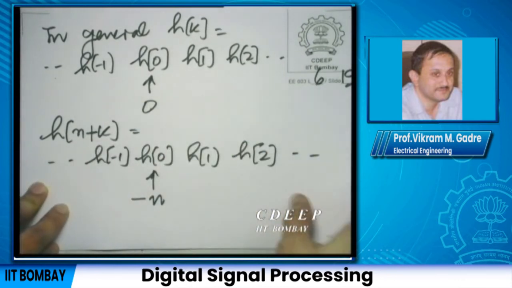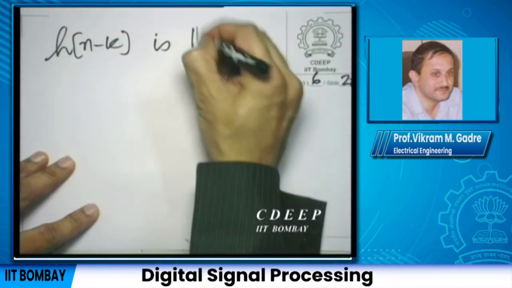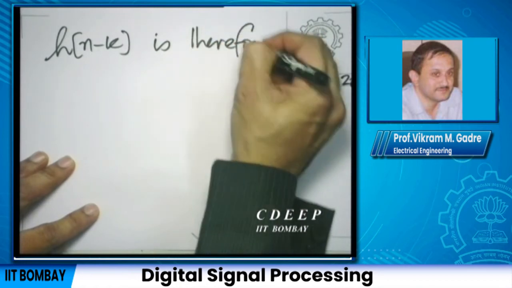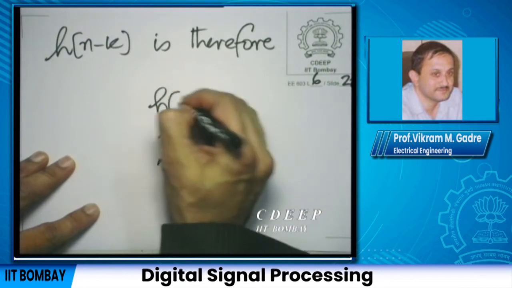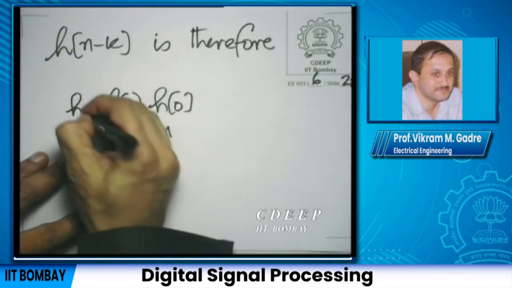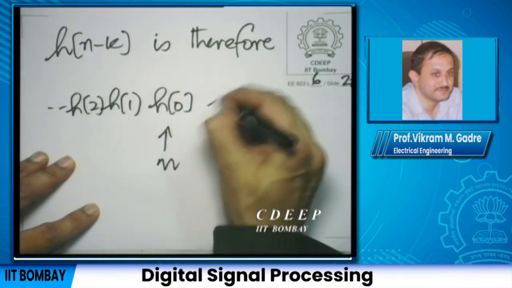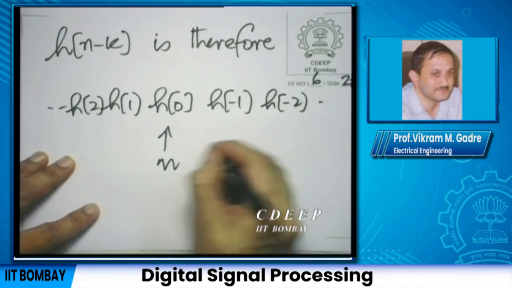Alright, so what we have is as follows. h of n minus k is therefore at n put h of 0, at n minus 1 put h of 1, h of 2 and so on behind, and here you have h of minus 1, h of minus 2, and this can go on.